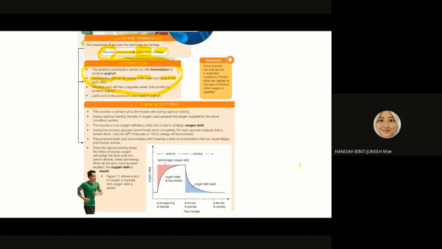Now we go to the human cell. Bear in mind, human muscle cell. We must emphasize the muscle cell because this lactic acid fermentation happens in our muscle cell.